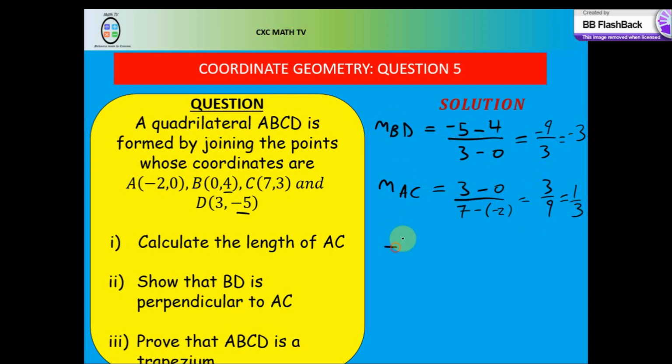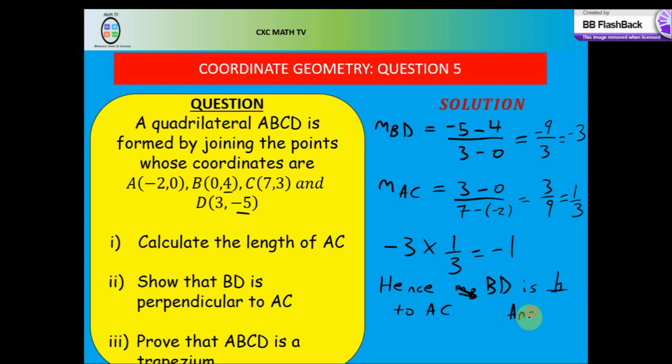Now when we multiply them, negative 3 times 1 over 3, that's negative 1.